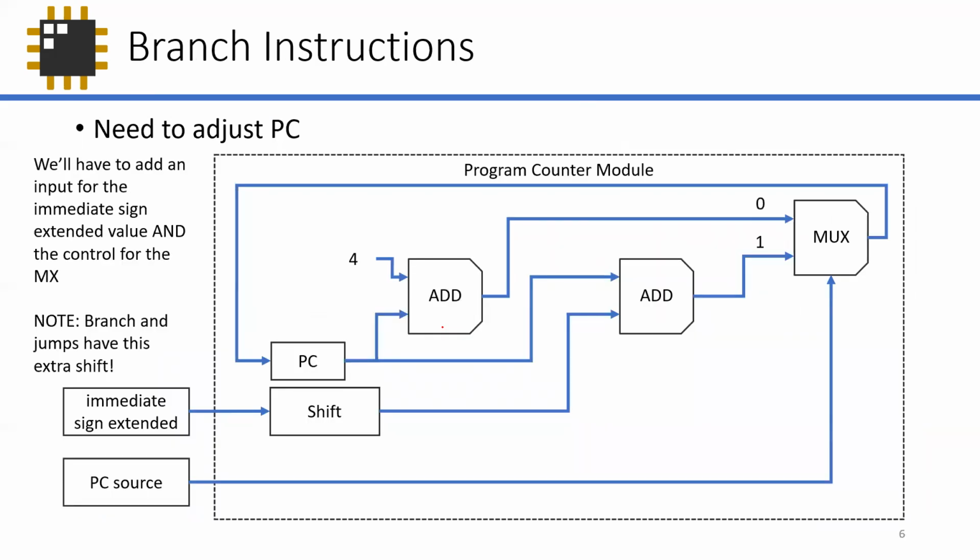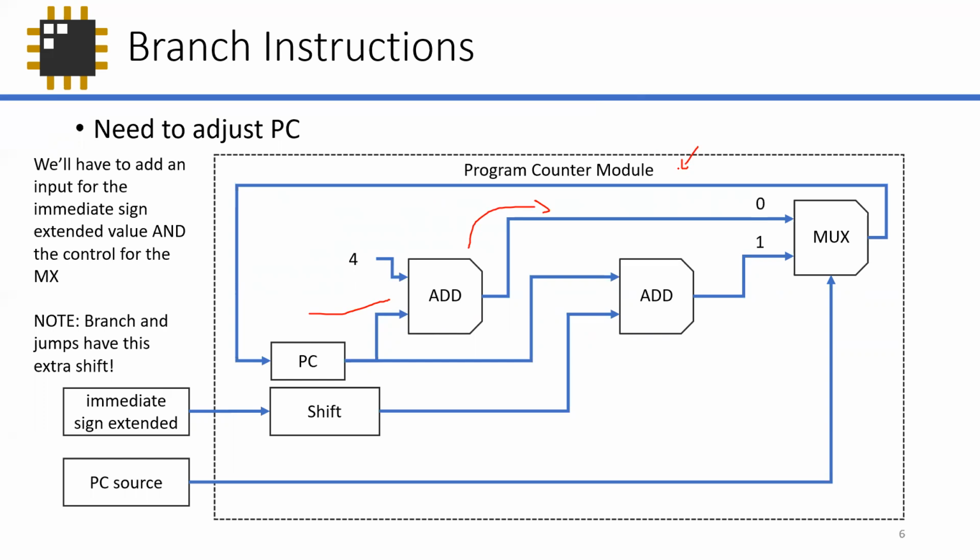What else? Here's another thing to consider that I mentioned last week: our program counter only updates using the PC plus 4 path, which is this one, right? So you have to adjust your program counter. You can put it outside or inside the program counter. It's entirely up to you, but I prefer that you put it inside because you want to modularize your work, such that I want to make this module as your program counter.